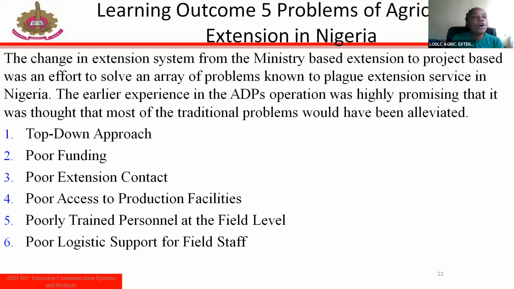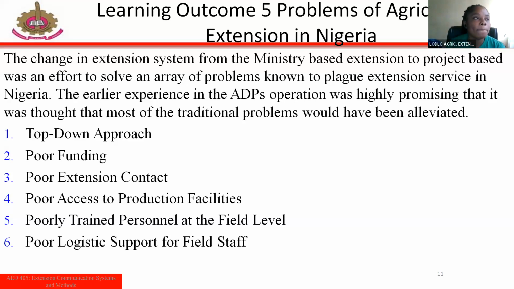So via this, all the extension activities evolved. So this change in extension system from the ministry-based extension to project-based was an effort to solve an array of problems known to plague extension services in Nigeria.